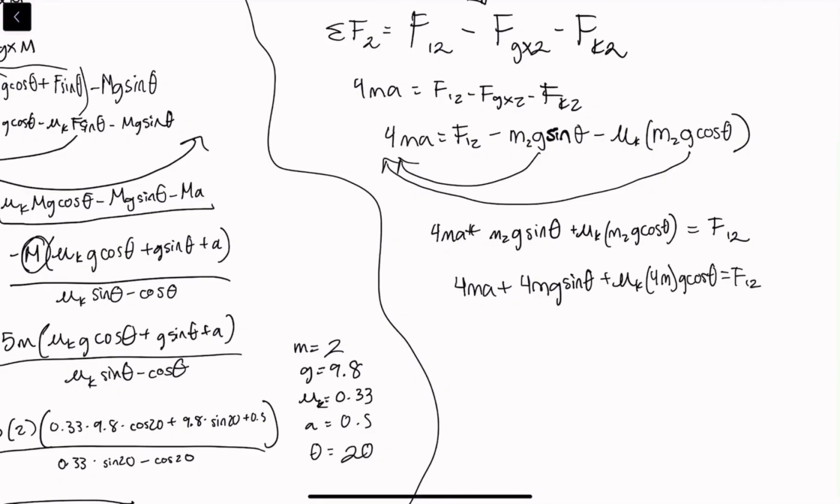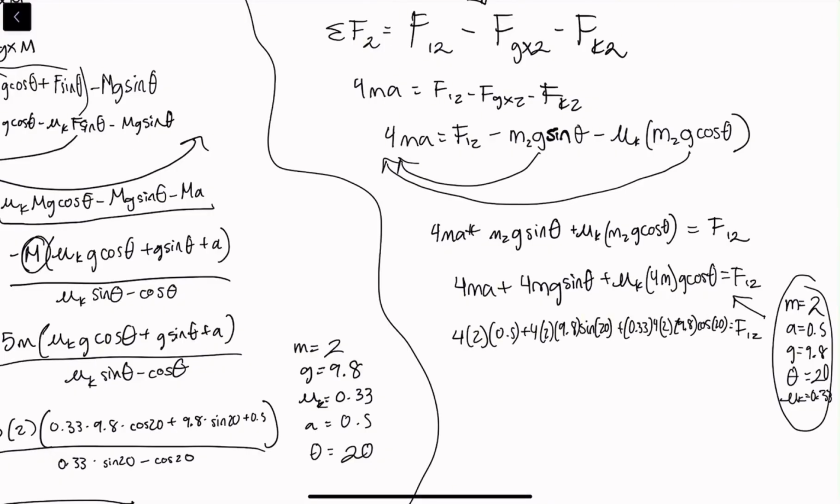And we're given the values of M, A, theta, and mu. So we're just going to plug these variables in the equation.